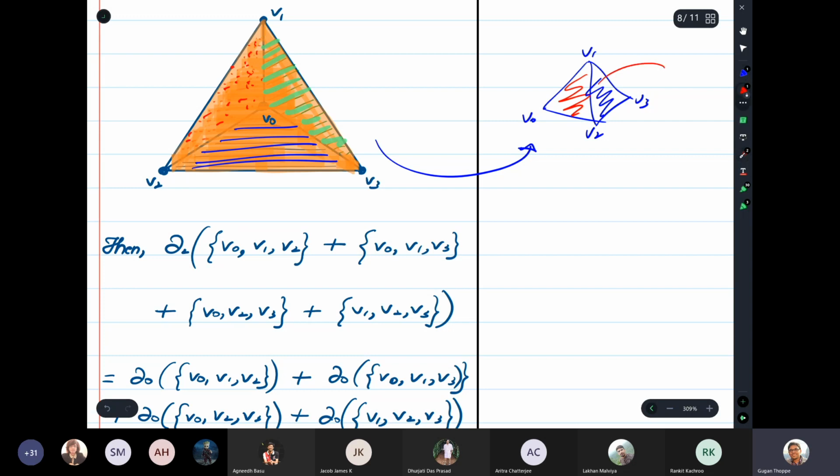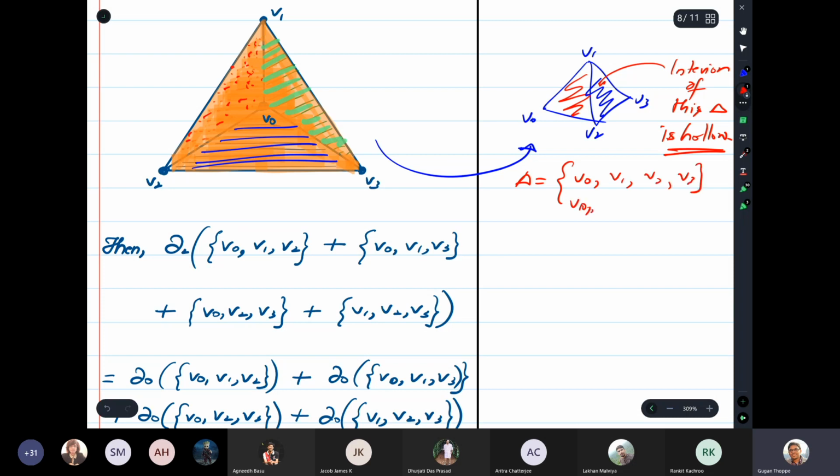The interior of this simplicial complex, let's say delta, is hollow. By hollow I mean that in the definition of this simplicial complex, you have v0, v1, v2, v3.